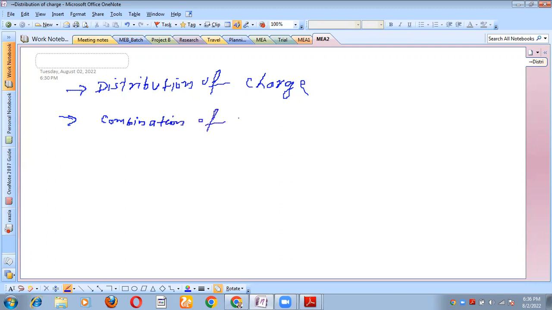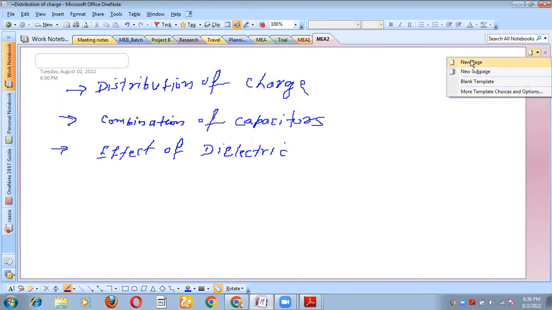Then we will discuss effect of dielectric. So these three topics we are going to discuss in this class of the capacitors. So first, let us see distribution of charge.